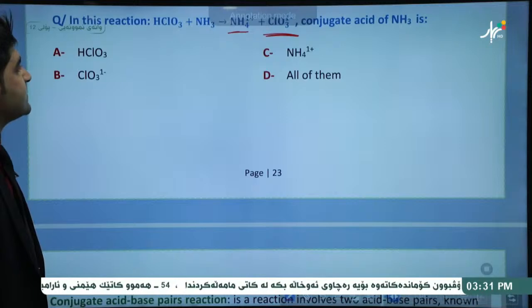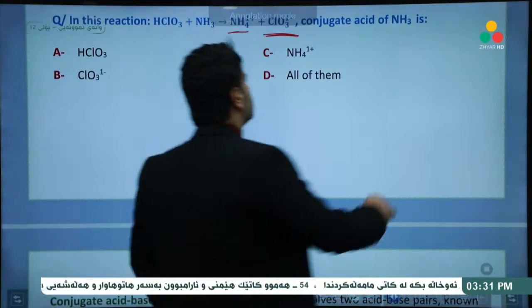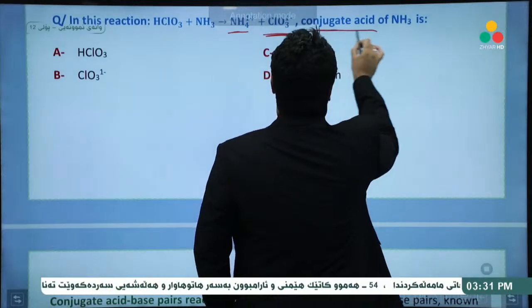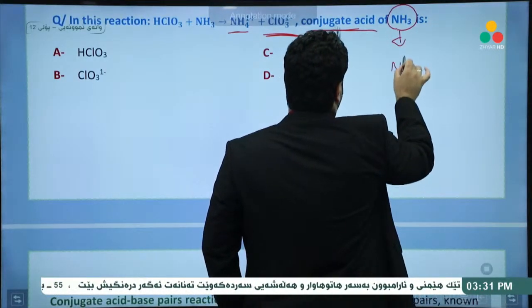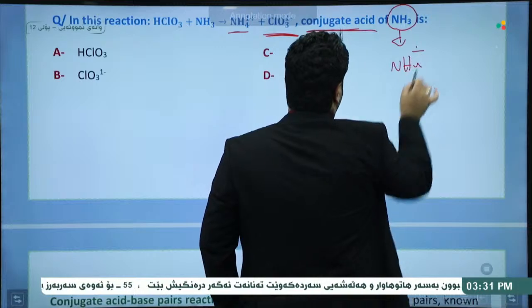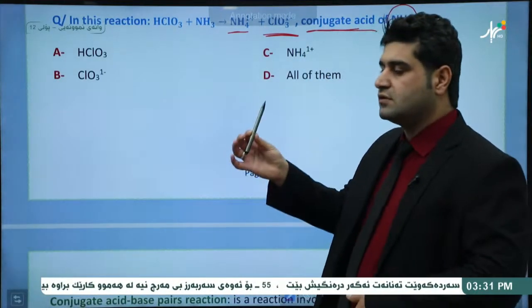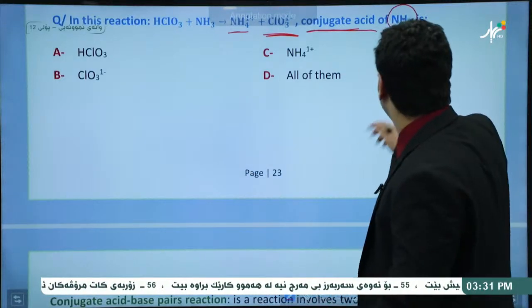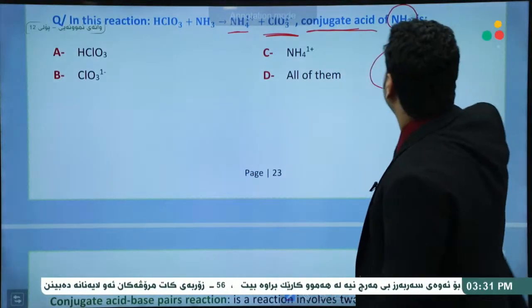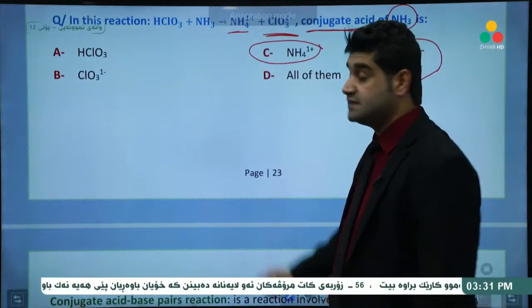Okay, the conjugate acid of NH3 is? We should create a conjugate acid for NH3, so we should increase the number of protons. Simply, creating a conjugate acid, increase the number of protons. For a conjugate base, decrease the number of protons. So, do we get NH4+ in this reaction? Yes, teacher. So the right answer is C.